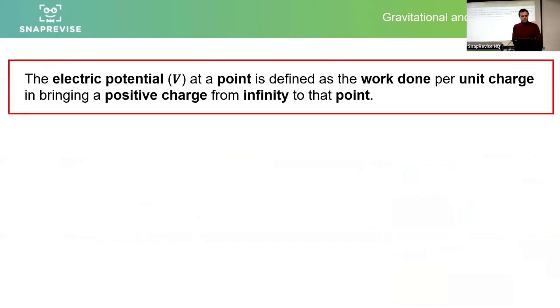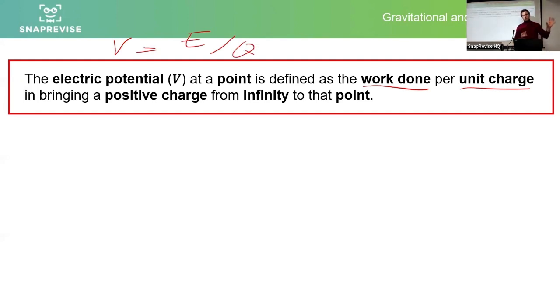The electric potential at a point is defined as the work done per unit charge. You'll recognize this concept of energy per unit charge is the same as when I was talking about voltage. It is energy transferred per unit charge.